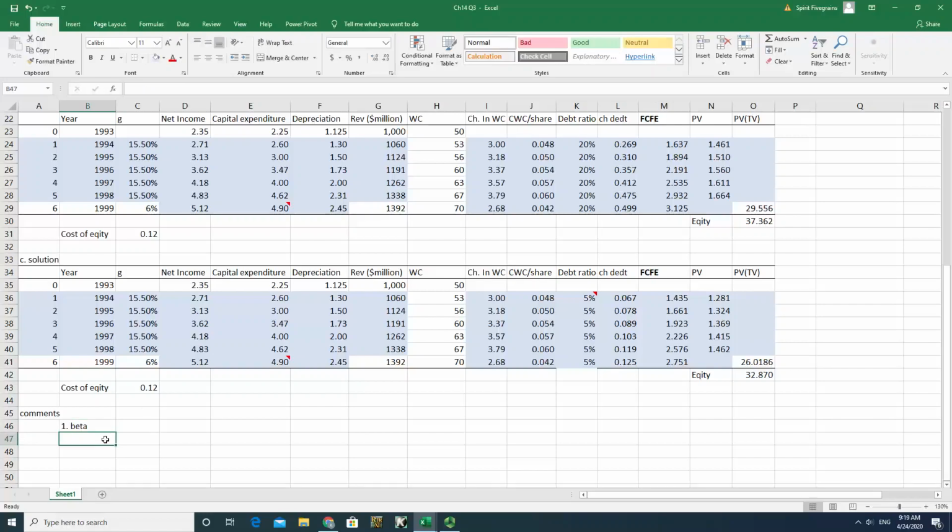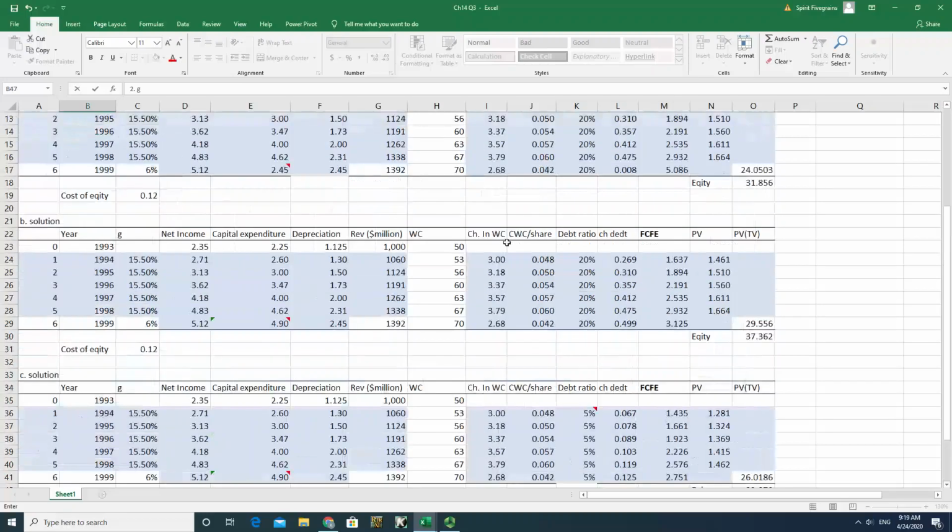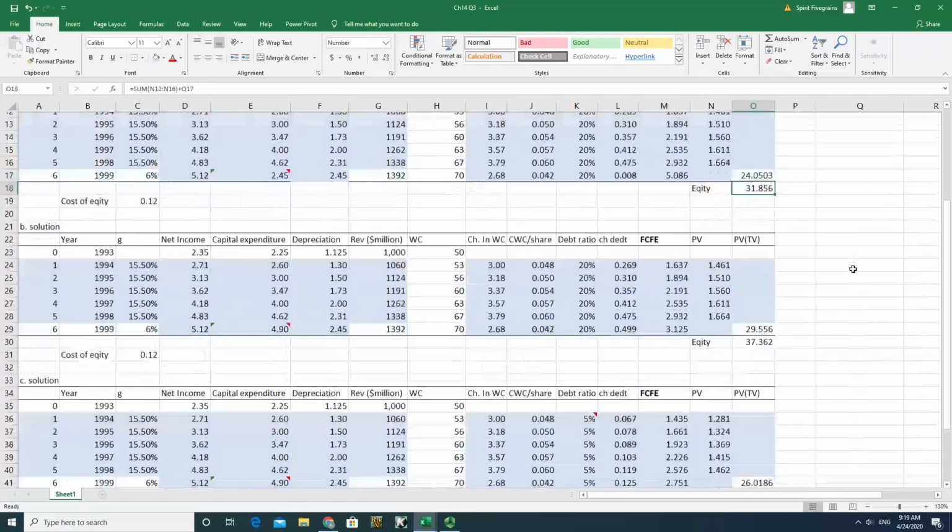And the second issue is about the growth rate. Make sure it's consistent with equity reinvestment. Previously you assumed that net capital expenditure equals 0. If that is the case, then we would assume that growth rate equals 0, which will lead to a lower terminal value and a lower stock price as well.